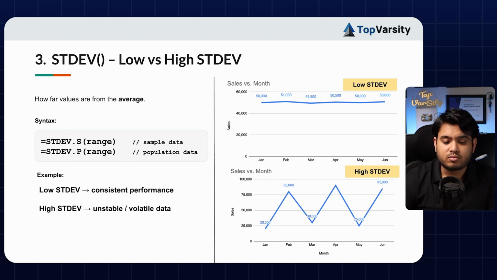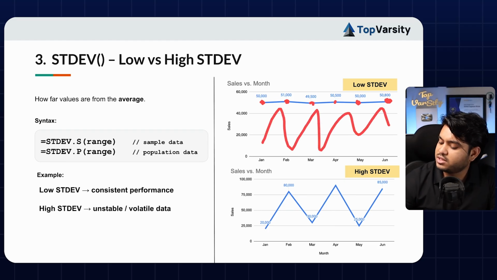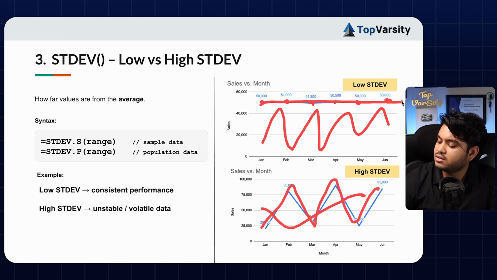Okay, so I have something here. See, this graph is very stable. It's not going up and down. This is not zigzag like the one here. This one is very zigzag, and this is very flat, right?